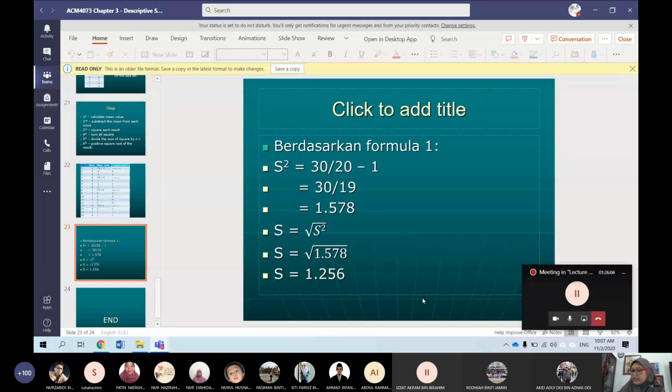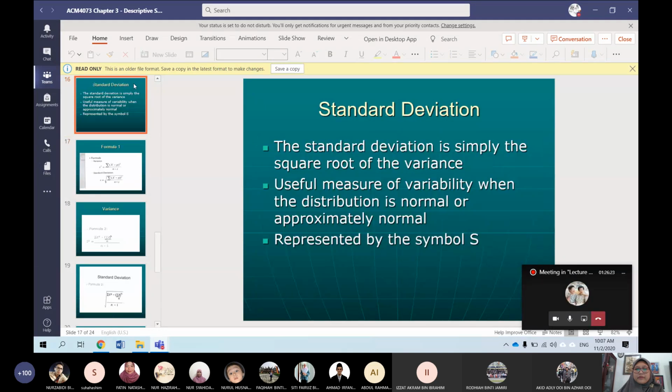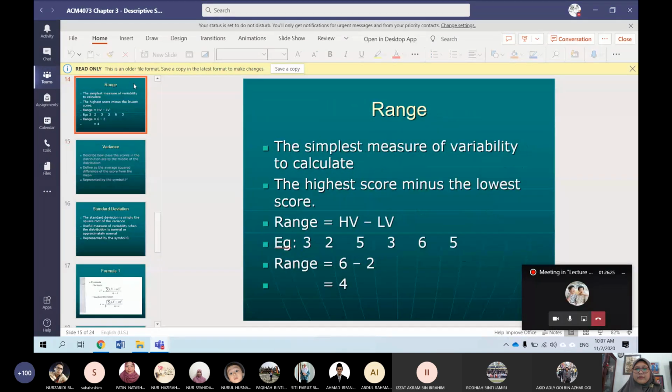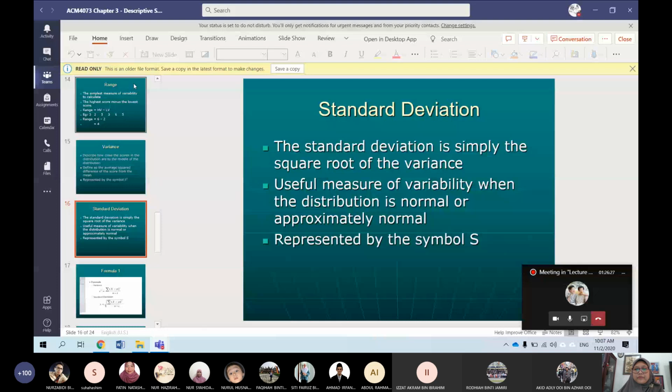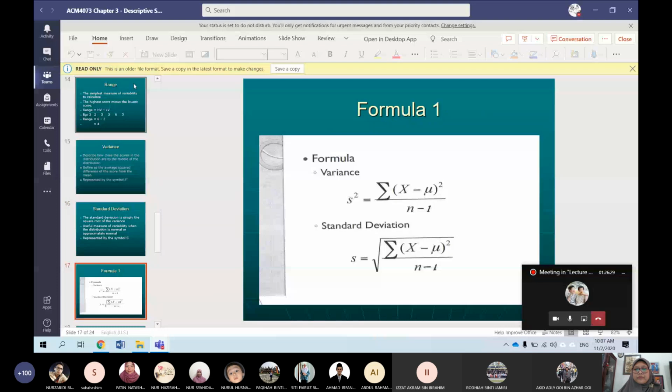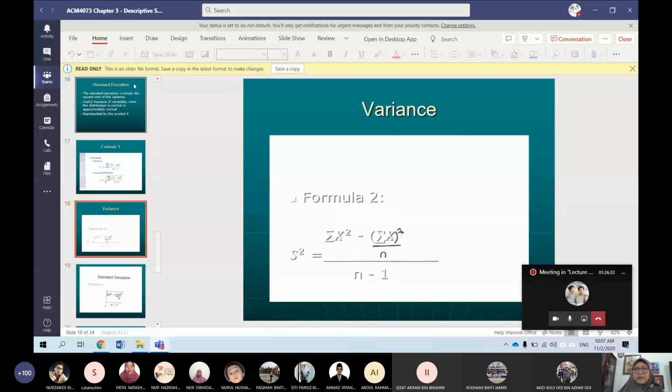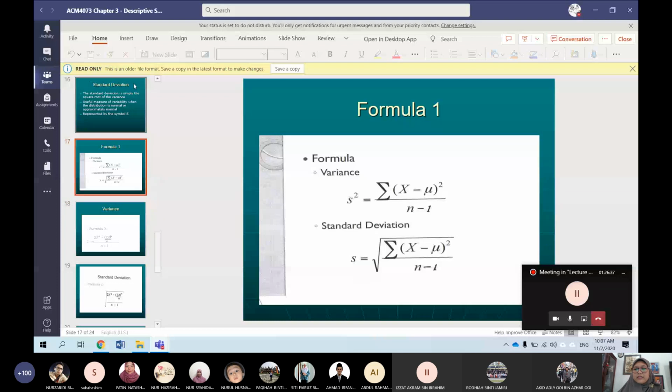So how do you define S2? 30 divided by N, where N is the number of your sample, take away 1.